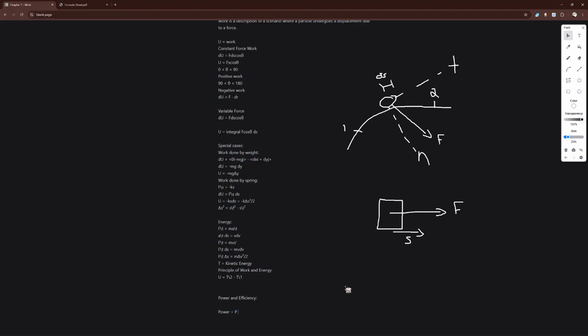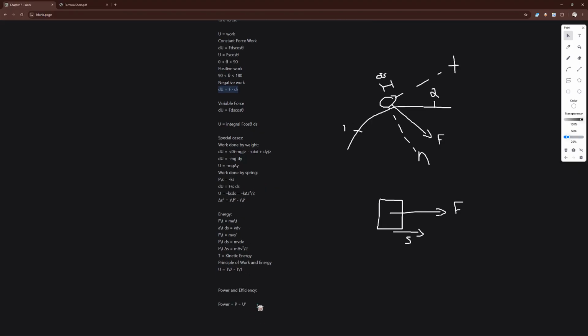And what does that mean? What's a rate? Well, it's a derivative. So this is U prime with respect to T, right? dU/dt. So we know that dU is this, and we're going to use the dot product definition here just for simplicity's sake.